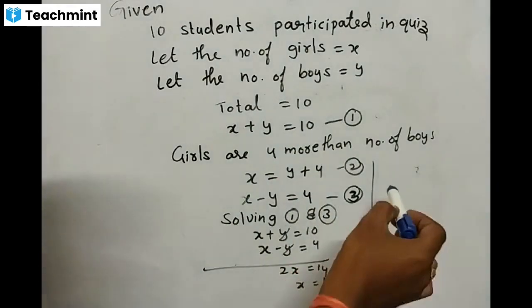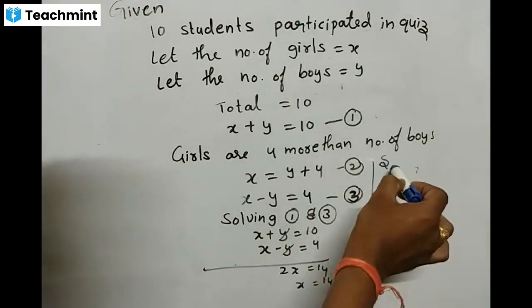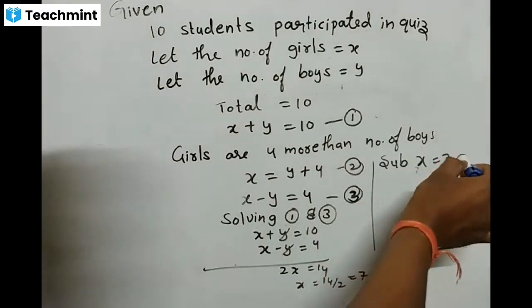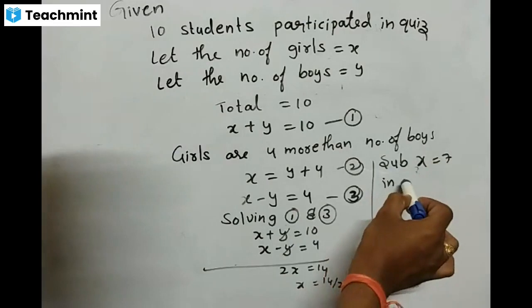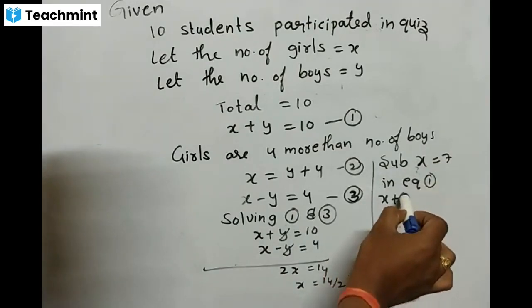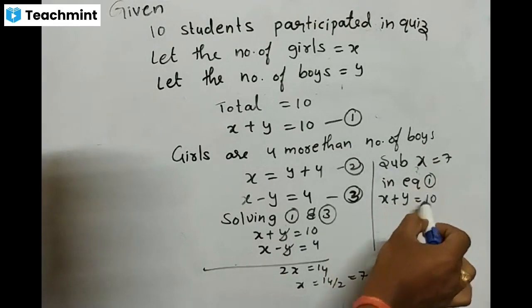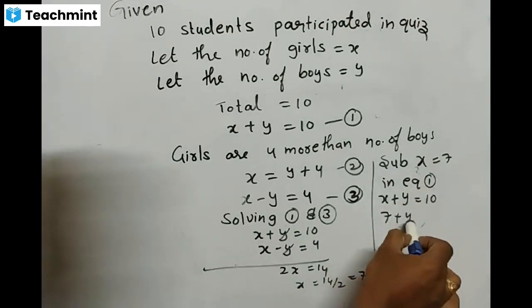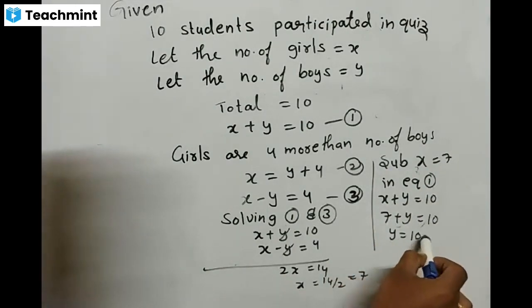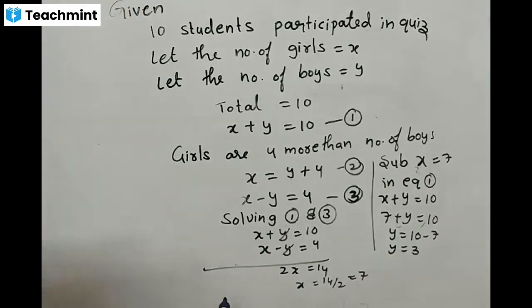Yes, boys are 3. So the number of boys are 3. The number of girls are 7. This is the answer.